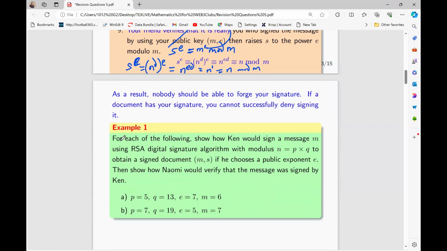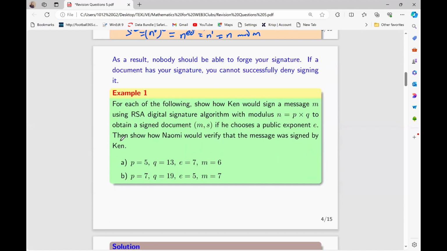Now, my first example is here. For each of the following, show how Ken would sign a message M using the RSA digital signature algorithm mod N to obtain a signed document, where S is the signature and M is the message.